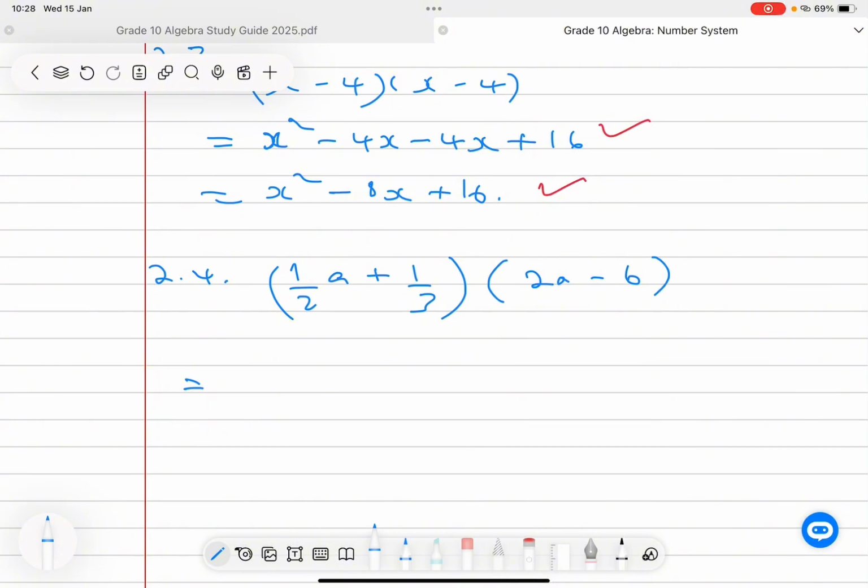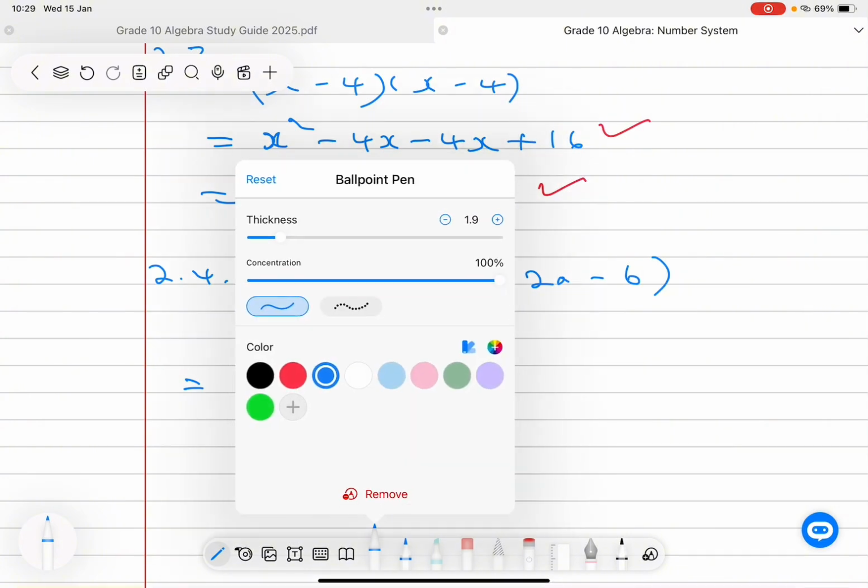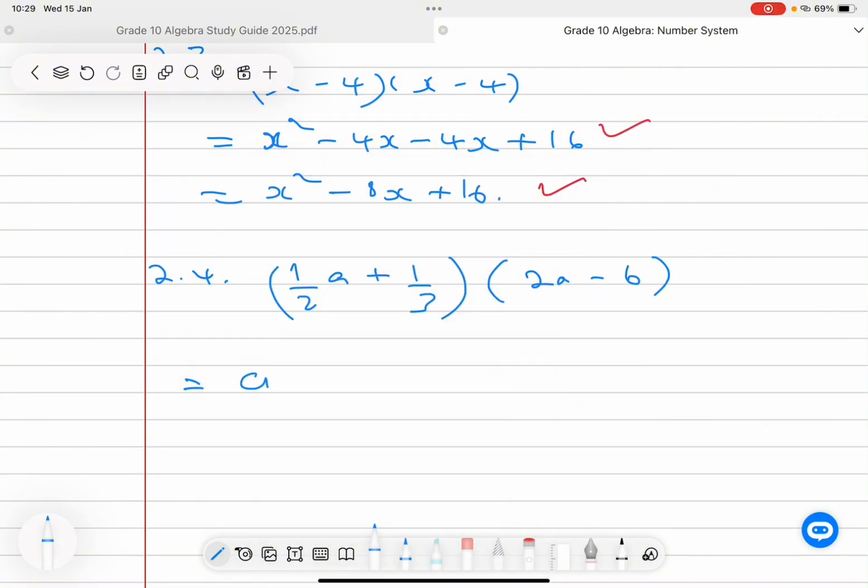Again, when we do this by the inspection method, I'm going to multiply the first term, 1 over 2a, times 2a. The 2 and the 2 cancel each other, so I'm left with a times a, which is a squared. So here I'm going to have a squared when I multiply the first term and the first term.